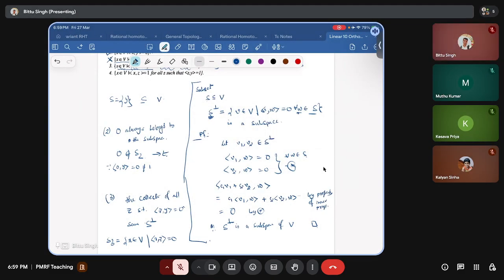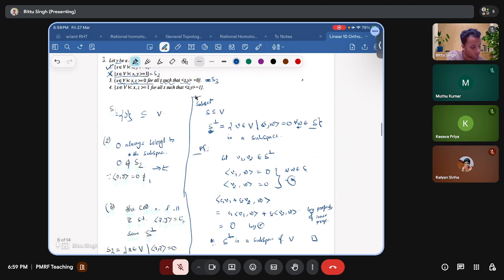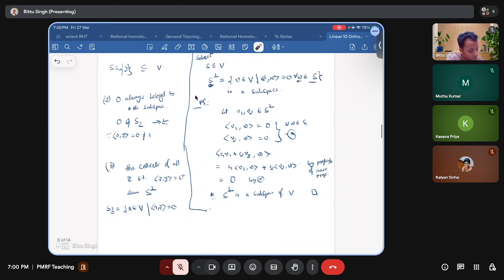Z is coming from which set? Z is coming from the set such that z inner product with y equal to 0. That is equivalent to saying z is coming from S perp, right? By definition of S perp, this collection is same as S perp. So this is for all z belonging to S perp, right?